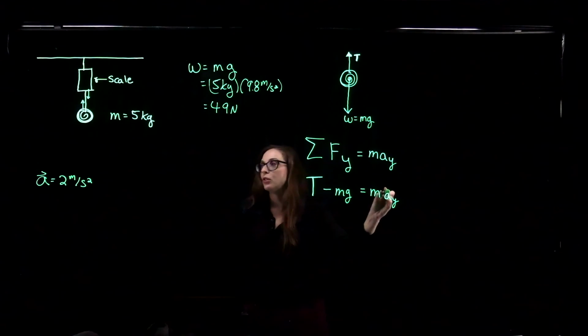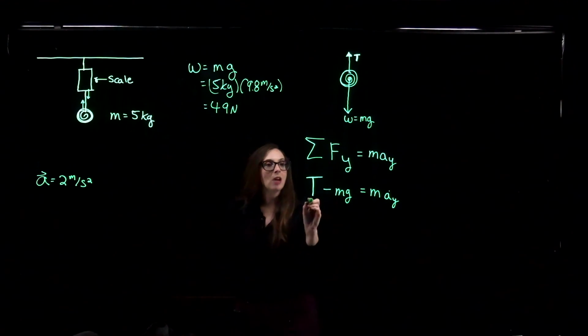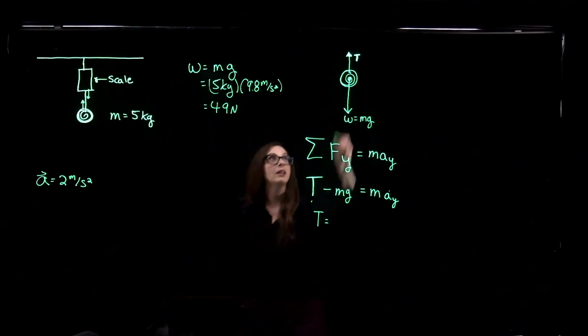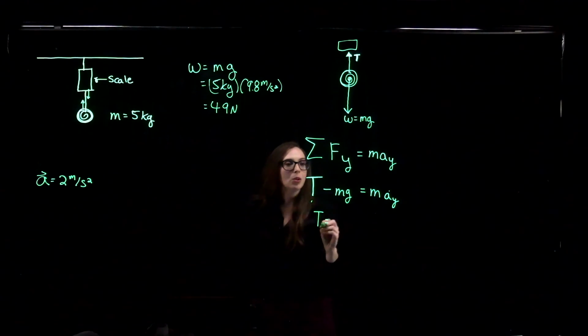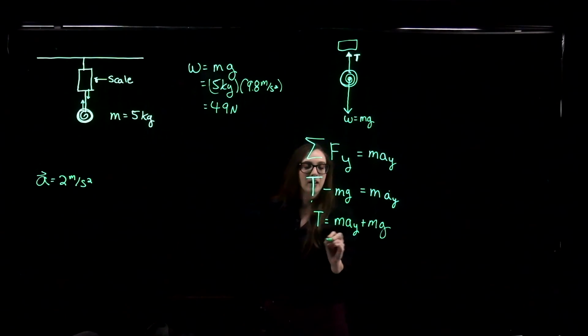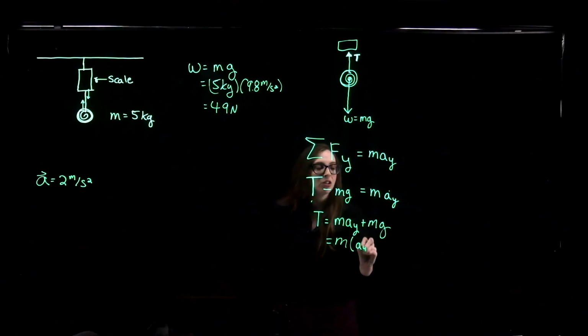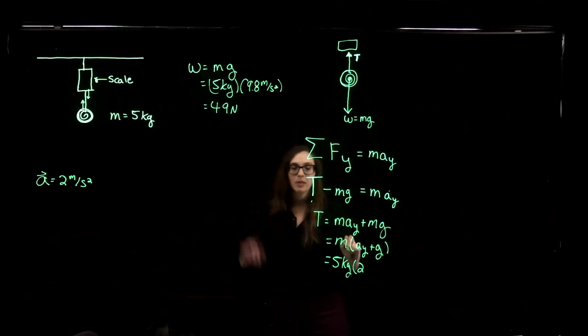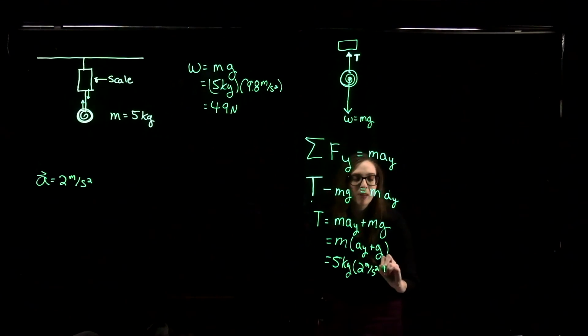So we know that's that 2 meters per second squared here. So if we solve this equation for tension, that tells us what the scale is going to be reading, the scale that's attached right here. And so the tension is equal to the mass times the acceleration in the y direction plus the mass times gravity. That equals the mass times the acceleration in the y direction plus the acceleration due to gravity. So that equals the mass of my ball, 5 kilograms, times our acceleration in the y direction of the spaceship, that was the 2 meters per second squared, plus our 9.8 meters per second squared.